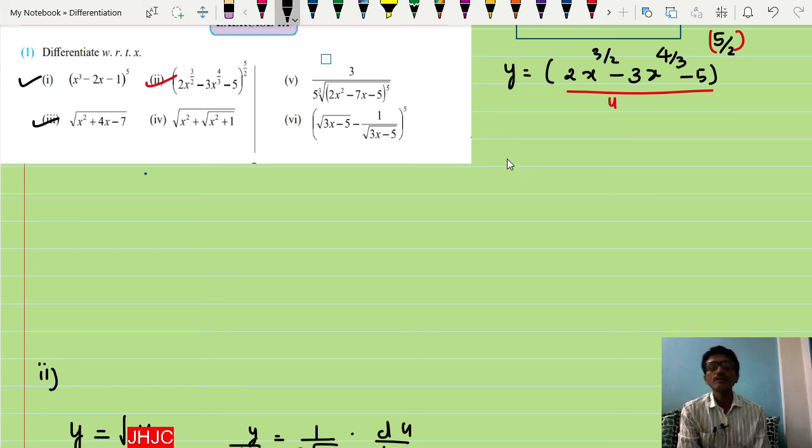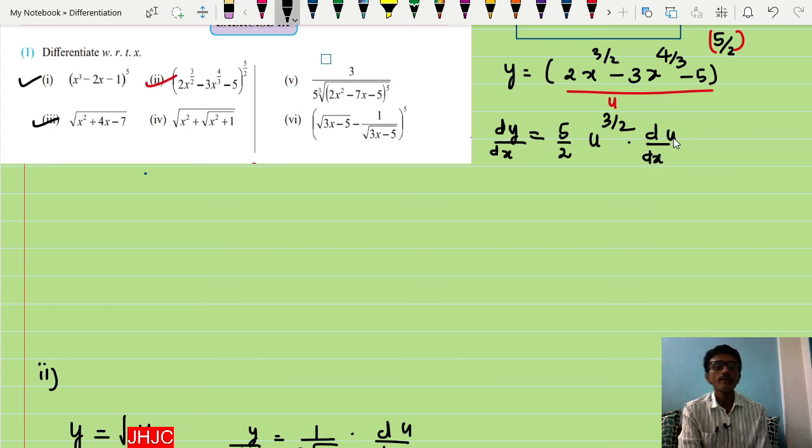So differentiating with respect to x, we get dy by dx is equal to 5 by 2 u raised to power 5 by 2 minus 1, so 5 by 2 minus 1 will be 3 by 2, into du by dx.